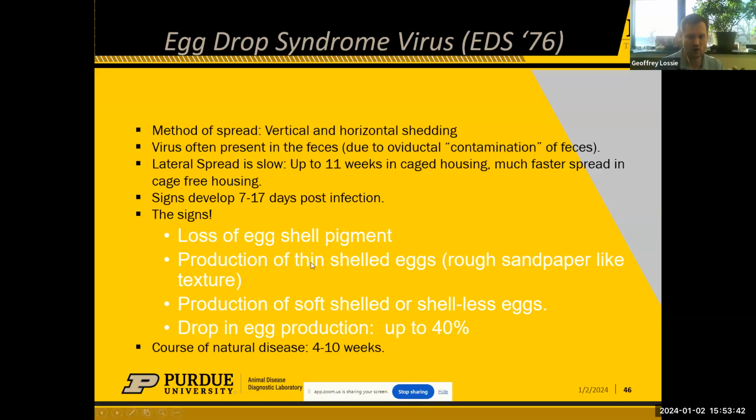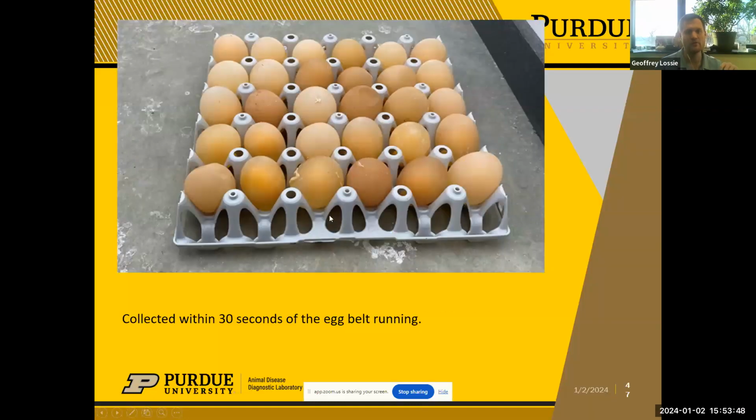This is largely in commercial production, but we do believe it is out there in backyard flocks as well. So this is from a commercial flock. You can see these are very thin-shelled eggs. They're very rubbery in consistency. So if a client calls about rubbery, thin-shelled eggs, egg drop syndrome is something to keep in mind.